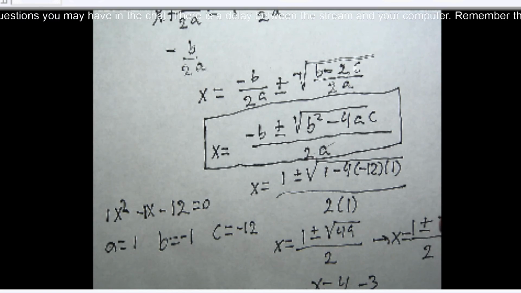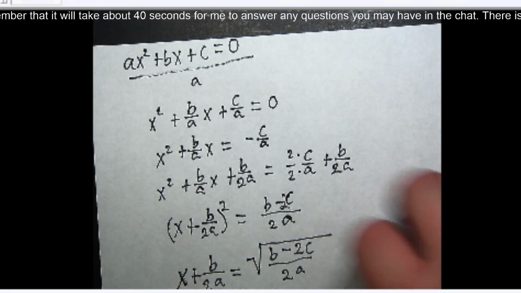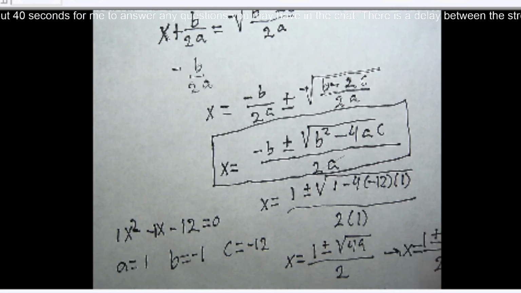Again, it doesn't matter if it's factorable or not. Actually, it doesn't matter if it's a difference of squares or not. It doesn't matter what form it's in. As long as you can find A, B, and C and plug them in here, it'll work. And it's done just by taking the normal form of a quadratic and completing the square to it. And you get this.